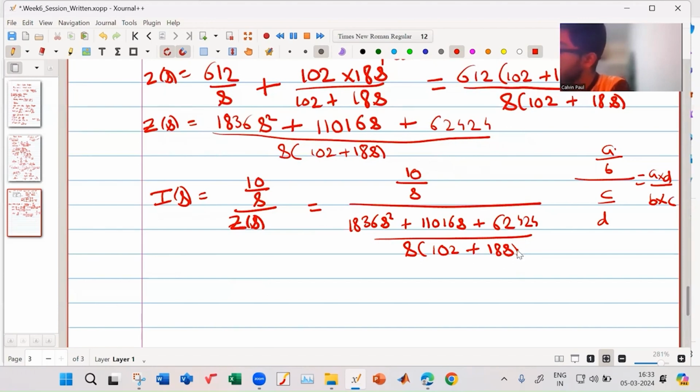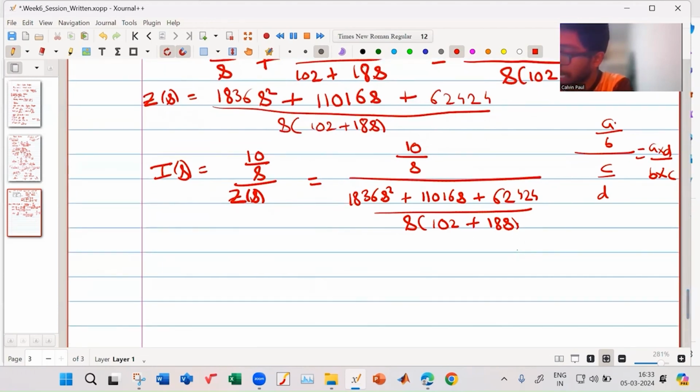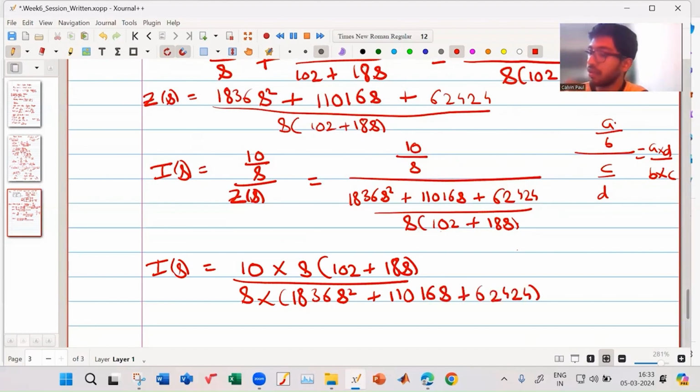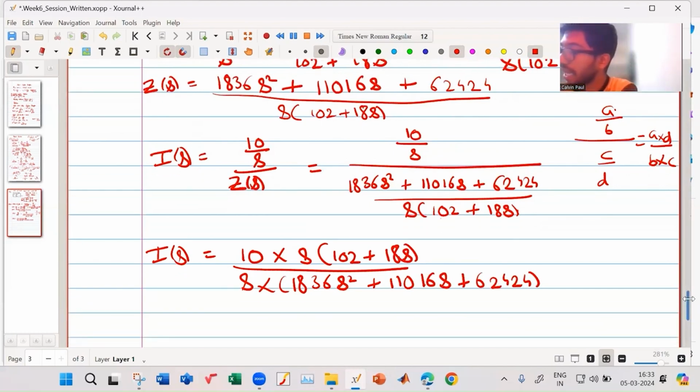So I of S is equal to 10 into S into 102 plus 18S, with S into 1836 S square plus 11016 S plus 62424 at the bottom.